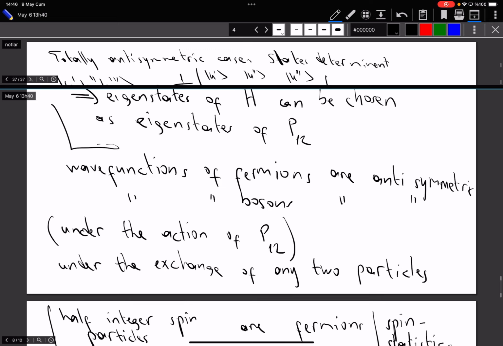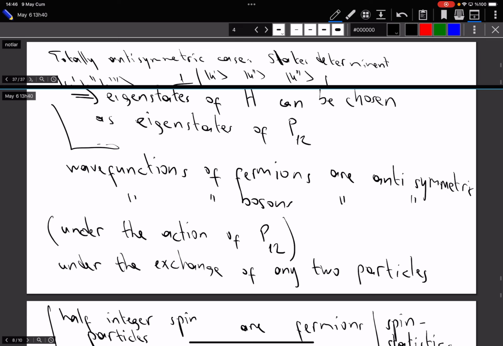And if you write the wave function of hydrogen atoms, it has to be symmetric. If you have a collection of hydrogen atoms, the wave function should be symmetric under the exchange of any two hydrogen atoms, antisymmetric under the exchange of any two protons, and antisymmetric under the exchange of any two electrons.